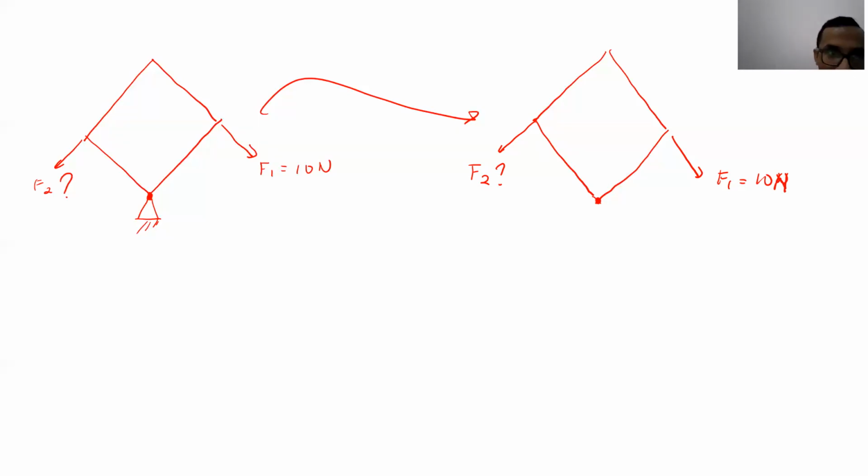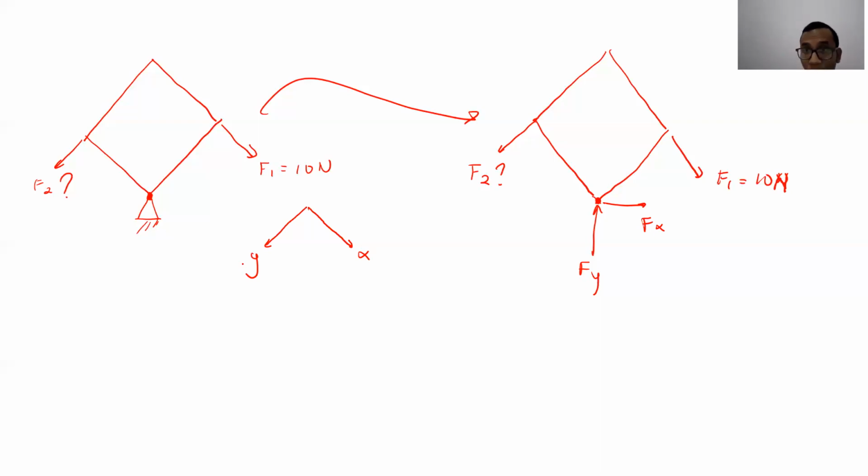So when you have a pin like this, you can either draw a force like this, Fy, Fx to represent the pin. Or if you don't like to make the force like that, and you want to have this as your x direction and this as your y direction, you can do it as well.